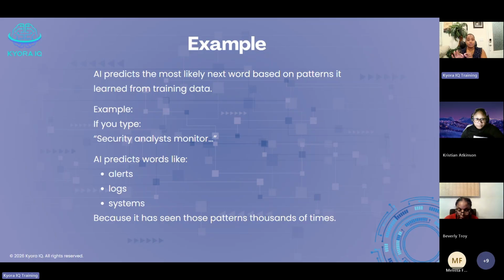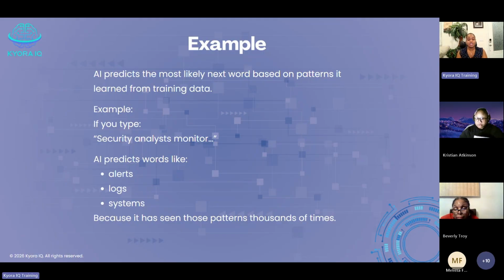An example of that: AI will most likely predict the next word based on its patterns. So if you type "security analyst monitor," AI will predict words like alerts, logs, systems, because there's already a pattern. People have been using AI for the last few years, feeding it this data, so it's trained already to predict what the next word would be.